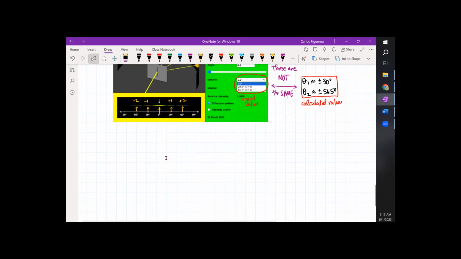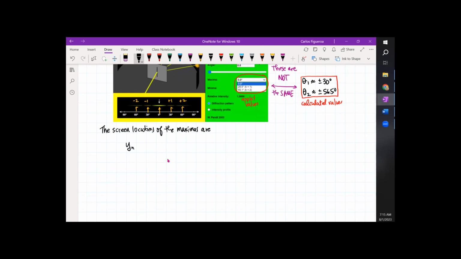So the last thing that we got to compute here is that we want the screen distances. So the screen locations of the maximas are, again, going to be approximate.